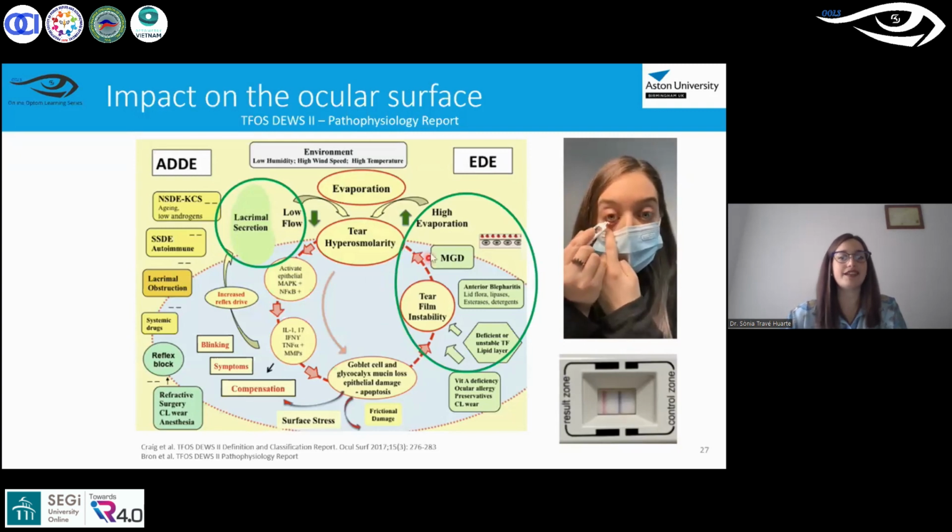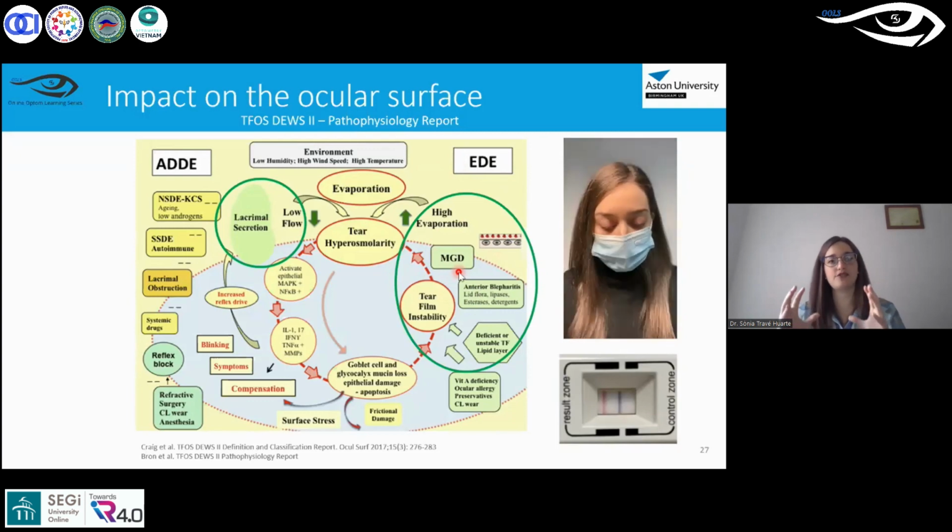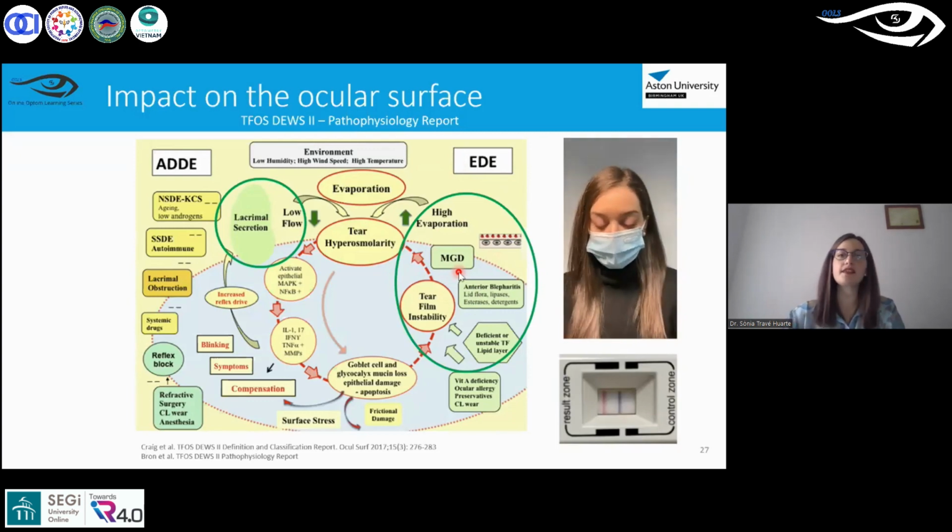In this case, we're looking at the evaporative dry eye type only, where the Meibomian gland disease plays this role of those oils not stabilizing the tear film as much as we want to. Therefore, we're going to have high evaporation. High evaporation will lead to high tear osmolarity, and that will lead to all this cascade of events that will then link onto that vicious circle.